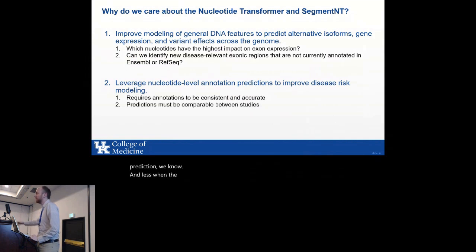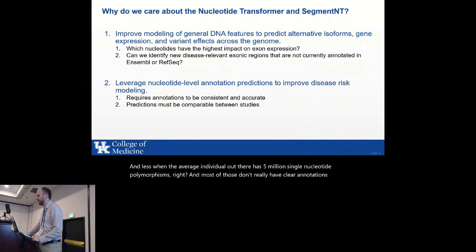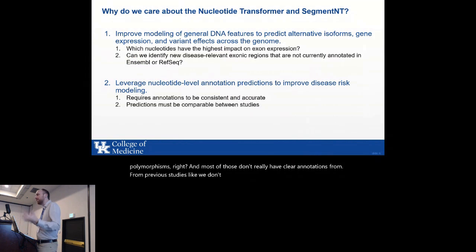The average individual out there has 5 million single nucleotide polymorphisms, right? Most of those don't have clear annotations from previous studies. We don't know how these are interacting together. We don't know what the disease relevance might be for all of these combinations of variants. That's something these transformer models can really get to.